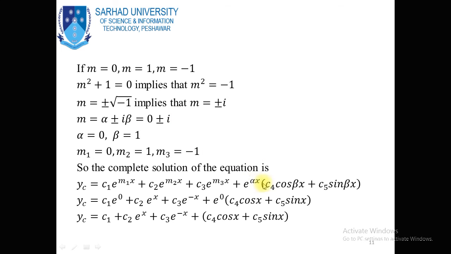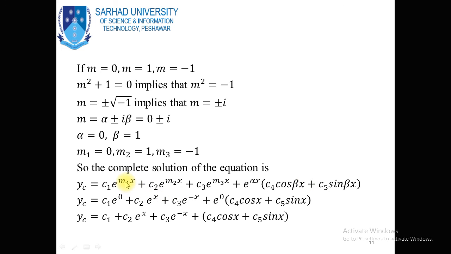For the complex roots, you see over here, this is the complementary solution for the complex numbers, and this is the complementary solution for the real and unequal roots. So roots real and unequal is case number 1, and roots complex and unequal is case number 3.